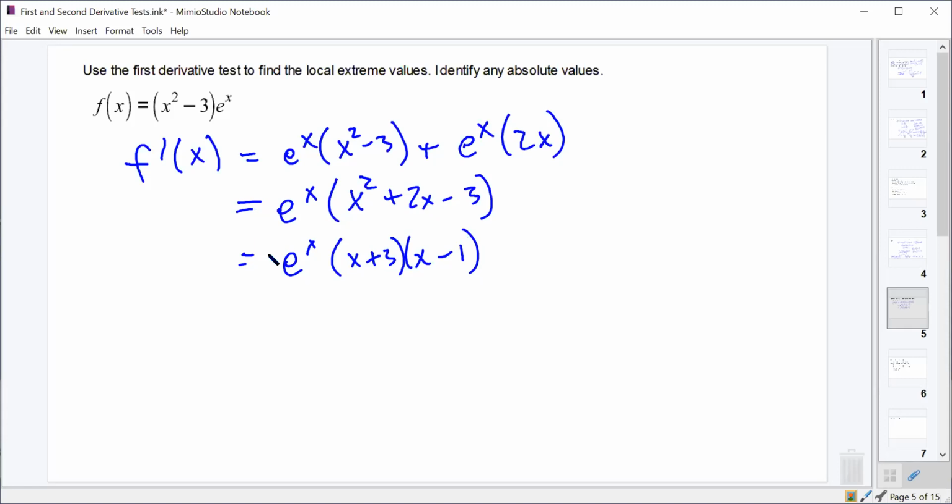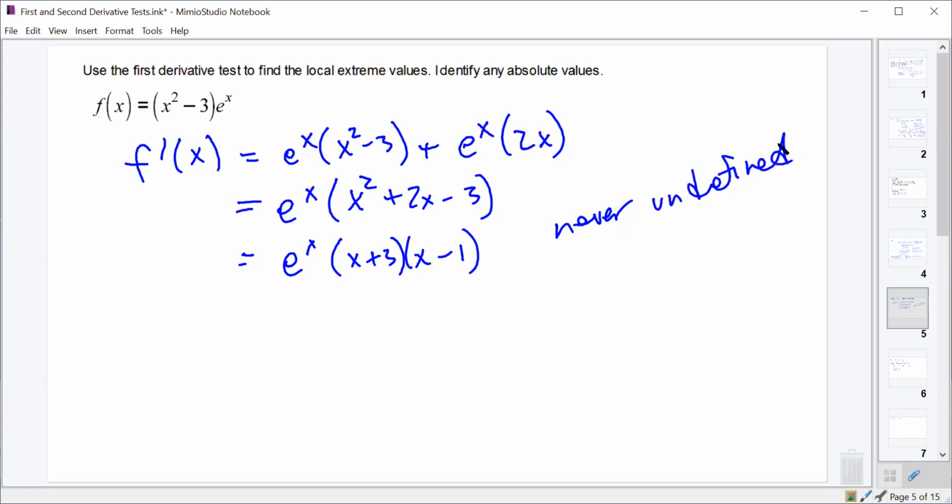All right. First off, when is this undefined? It's never undefined, because I can take e and raise it to any number as a power, and I can do this plus 3 or minus 1 to any number and multiply them together.